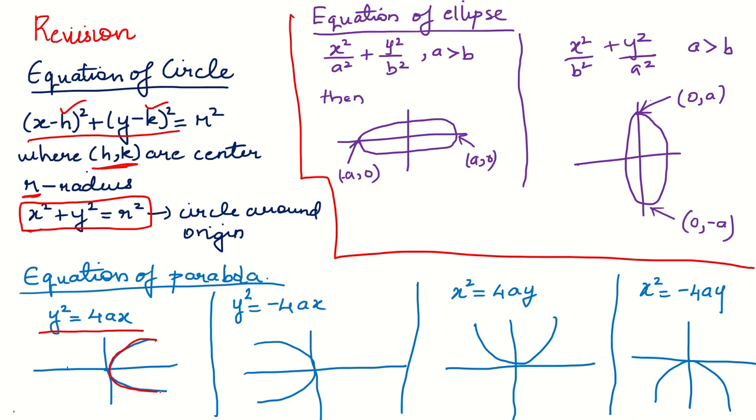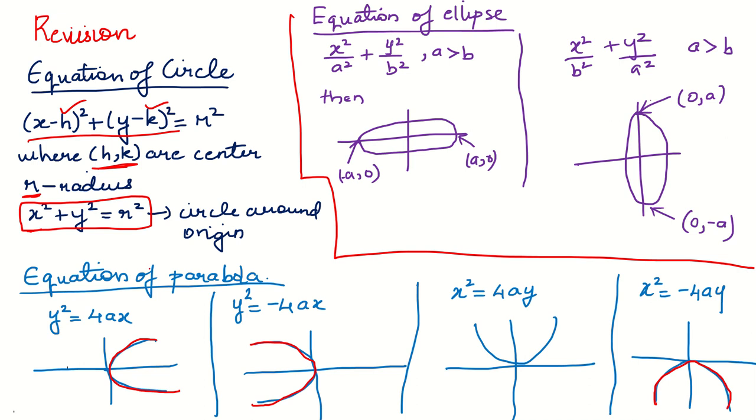And y square is equal to minus 4ax will look like this on the negative x-axis, whereas x square equal to 4ay will be above and x square equal to minus 4ay will be below.